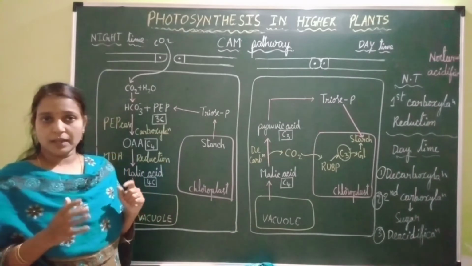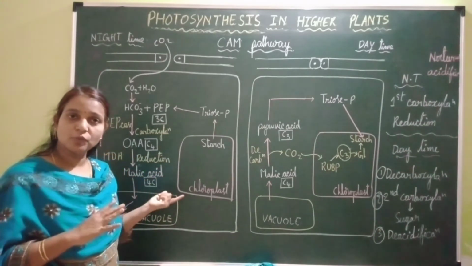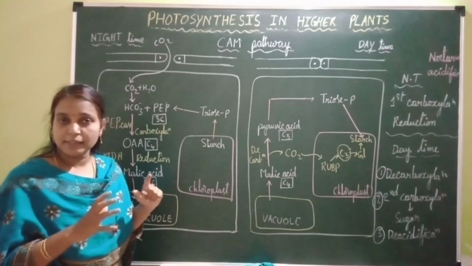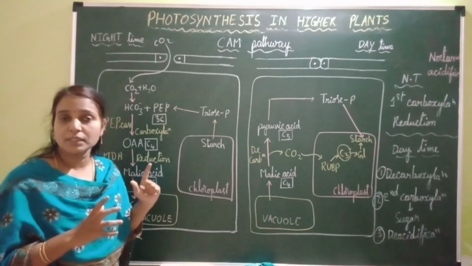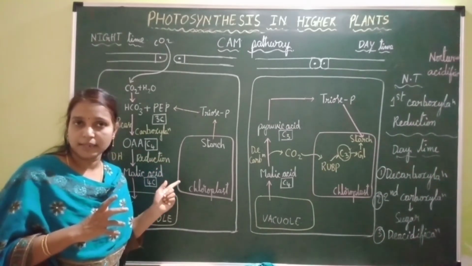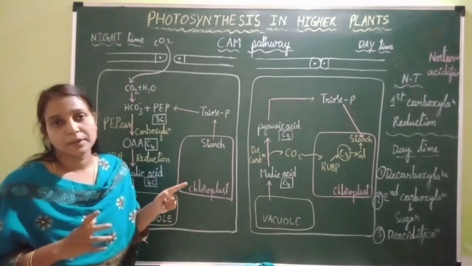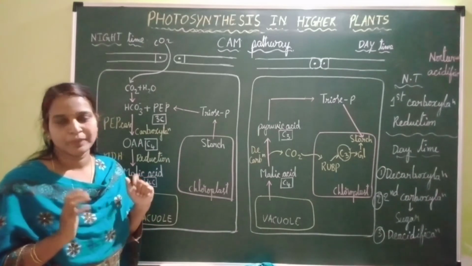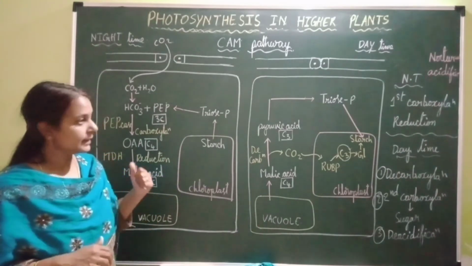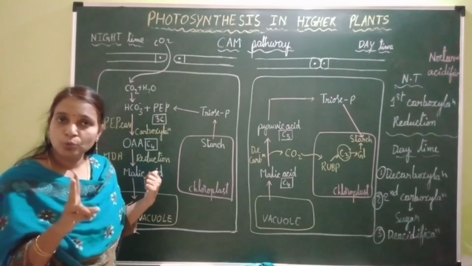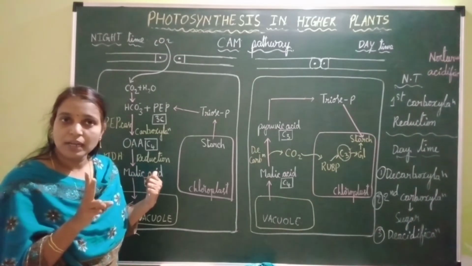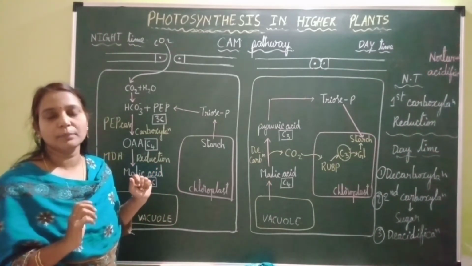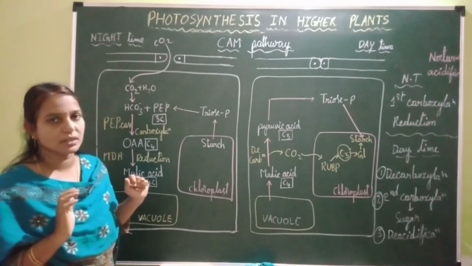The C4 pathway occurs in two types of cells, mesophyll cells and bundle sheath cells, and carbon dioxide fixation occurs twice: first inside the mesophyll cell and second inside the bundle sheath cell, but at the same time. But in the CAM pathway, carbon dioxide fixation occurs twice in the same cell, the mesophyll cell only, because Kranz anatomy is absent here.